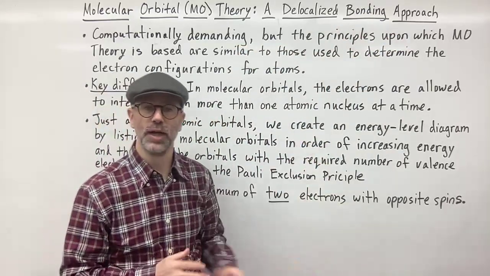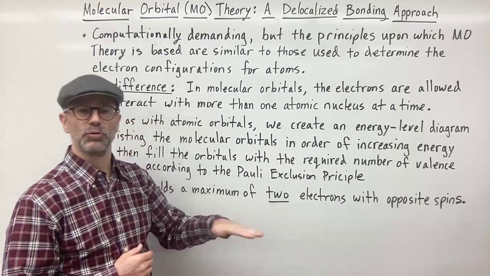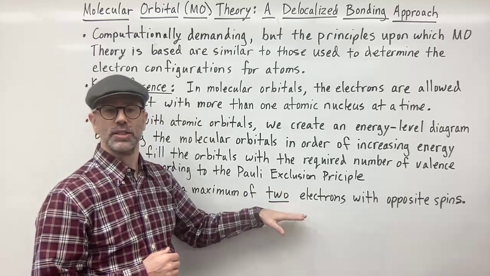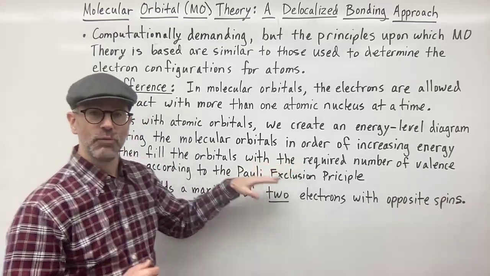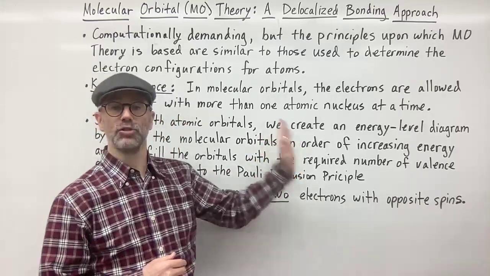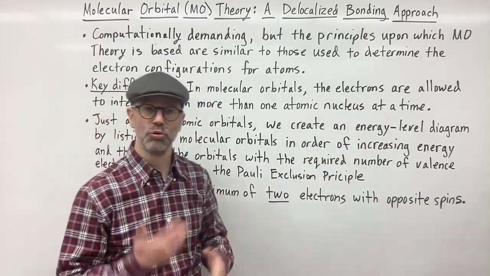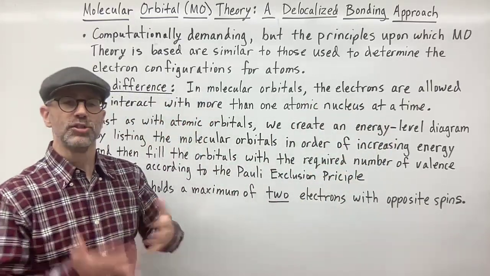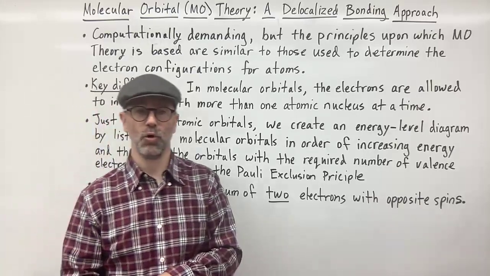We have our orbital diagram, and we take the 11 electrons and follow the principles. We put 2 electrons into the 1s, 2 electrons in the 2s, and then we put 1 electron into the 2p orbitals one at a time, following Hund's rule, right? So we can use those same principles when we're talking about molecular orbitals.